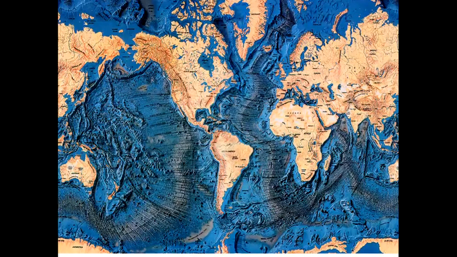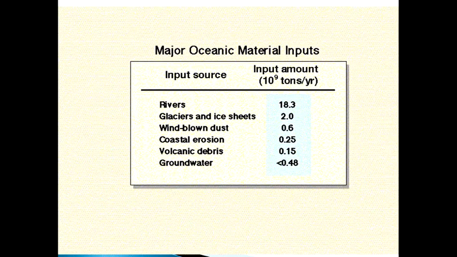So what you're looking at here is the bottom of the ocean as shown with their oceanic crust. So that's all bedrock. And realize that all over that globe, in the oceans, there are different sources of sediment that are going to be delivering clasts there to cover up that oceanic crust bedrock.